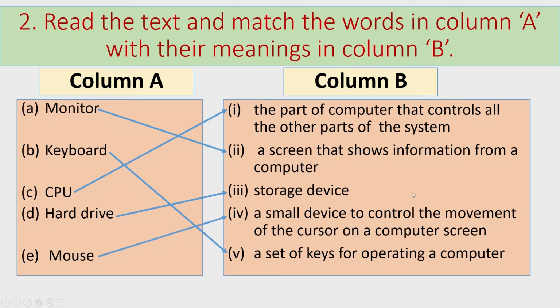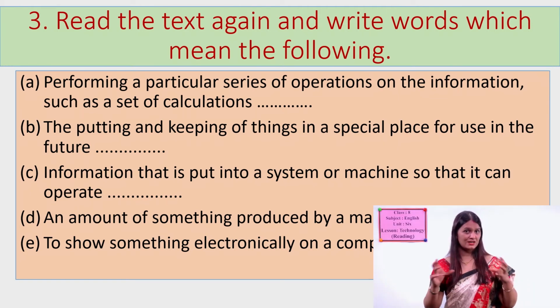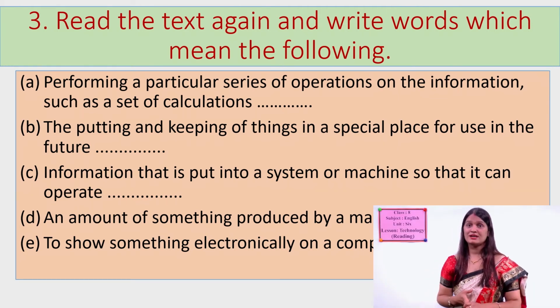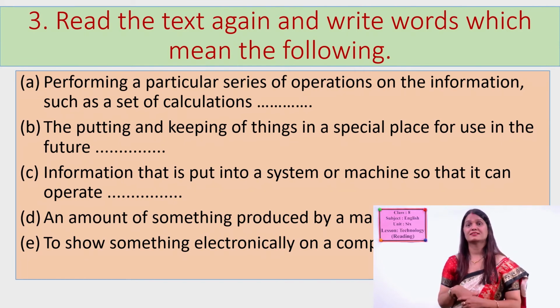Now let's move to the next exercise. Read the text again and write words which mean the following. Okay, I have discussed some word meanings. We had also discussed the matching items there. We have read the text, right? Now you have to read the meaning. Here the meaning is given and you have to find the suitable word for that.